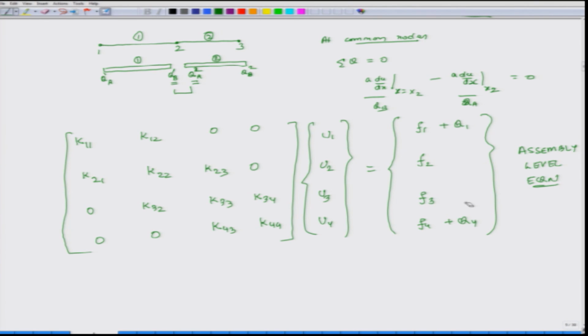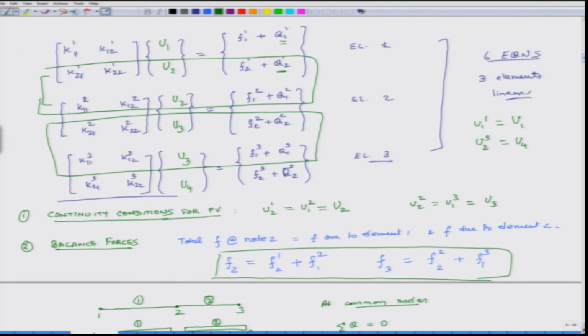So, and the definition of, so what is K1? So this is my global K matrix, right, global K matrix. So what is K11? It is equal to K111. What is K12? It is K121. Basically I am just, right, this is my equation 1.